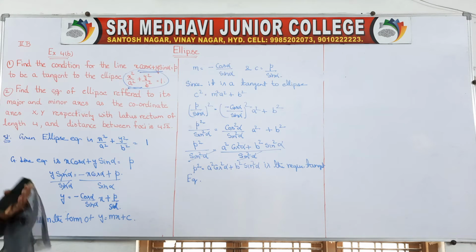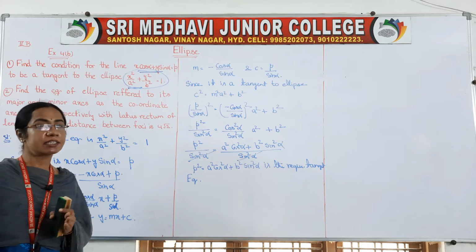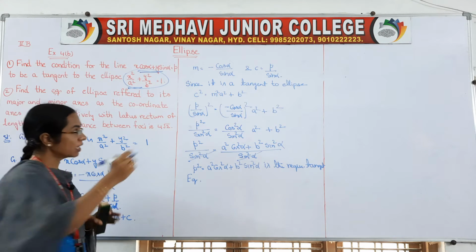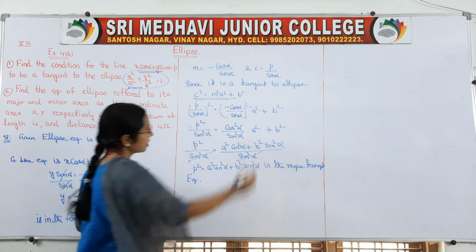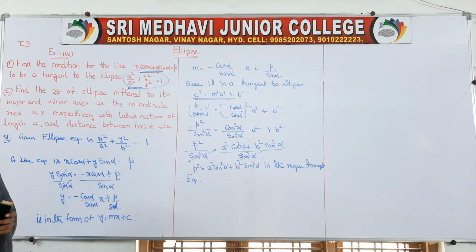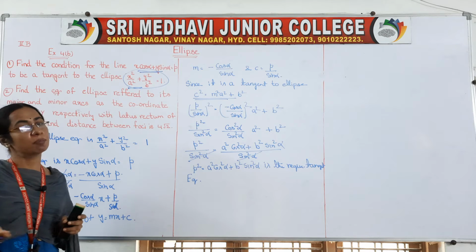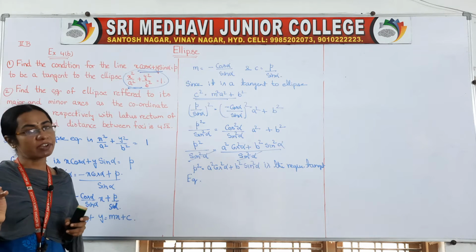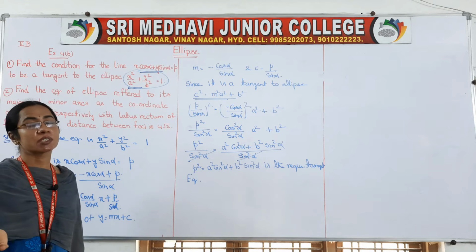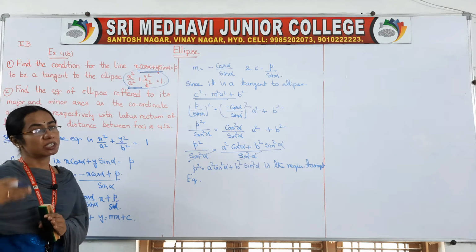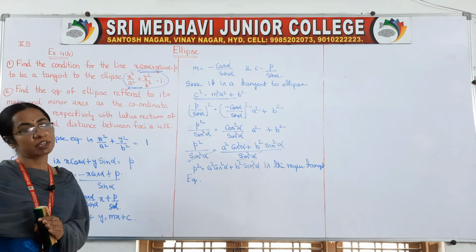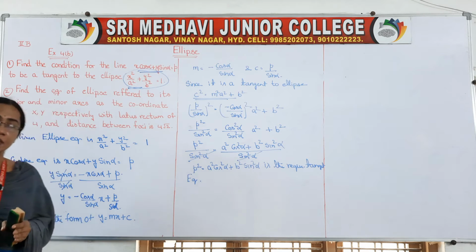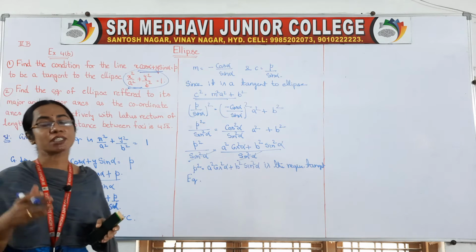If any line is given, if it is a tangent to the standard ellipse form, it has to satisfy the condition as c square is equal to m square a square plus b square form. So, for that we need m value, c value, a value, b value. So, first you reduce the ellipse equation into standard form, try to get your a and b. Then reduce the line equation in the form of y is equal to mx plus c.